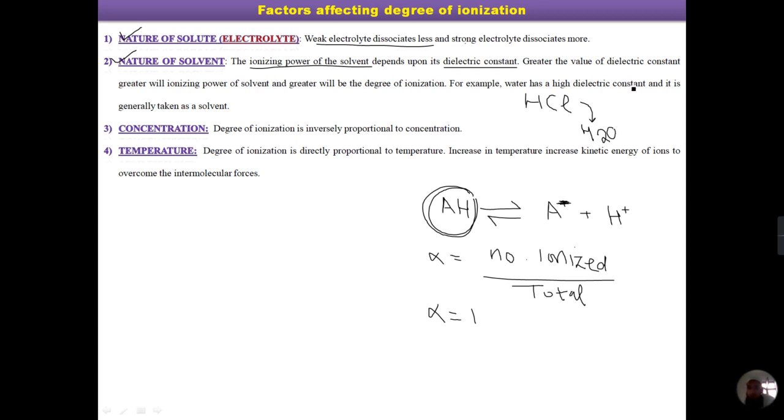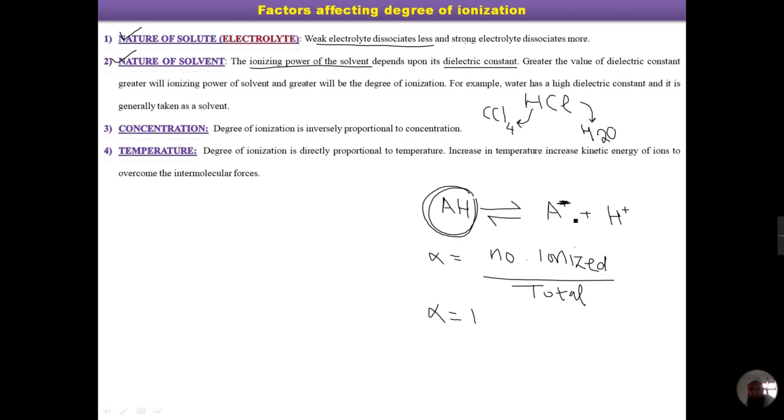Now अगर आप same hydrochloric acid को dissolve करोगे in a non-polar solvent like carbon tetrachloride, which is non-polar, the same HCl becomes a weak acid, a weak electrolyte, because your ions are not getting stabilized by the non-polar nature of the solvent. Or you should say that CCl4 has a low dielectric constant in comparison to water.